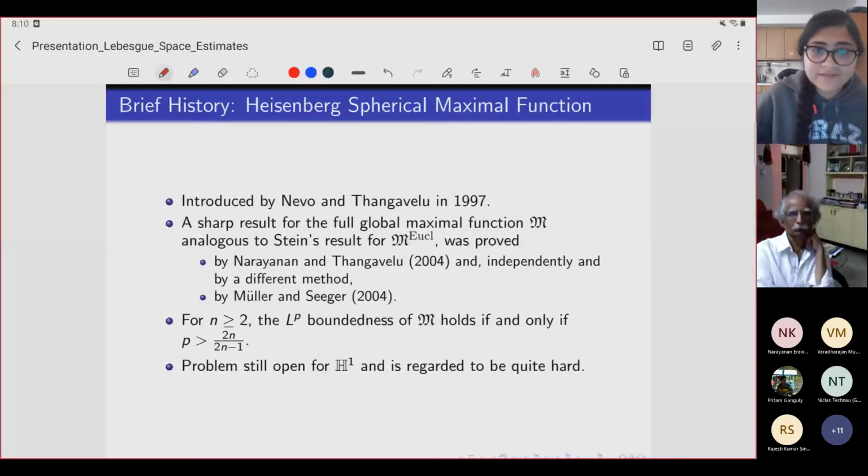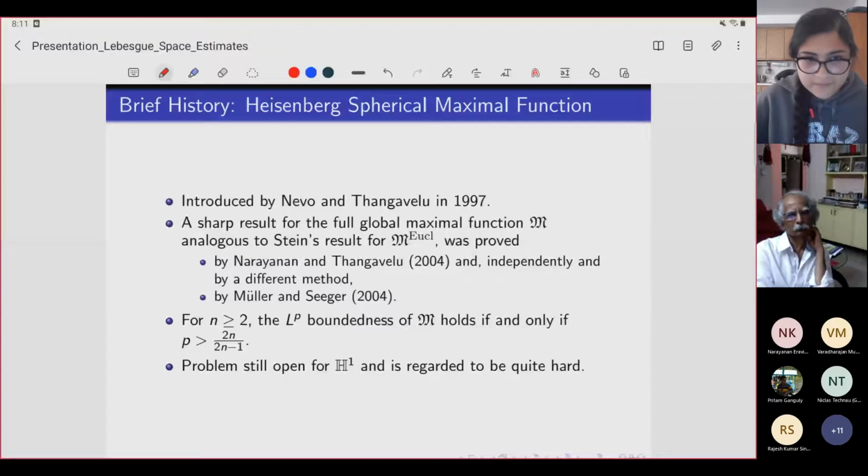The interesting part is that it was proven in two separate papers using completely different methods, but the same optimal result was proven. The first paper was by Narayanan and Thangavelu, the two speakers right before me in this seminar. And independently and by a different method by Müller and my advisor Andreas Seeger in 2004, and both papers appeared in the Israel Journal of Mathematics, I think.